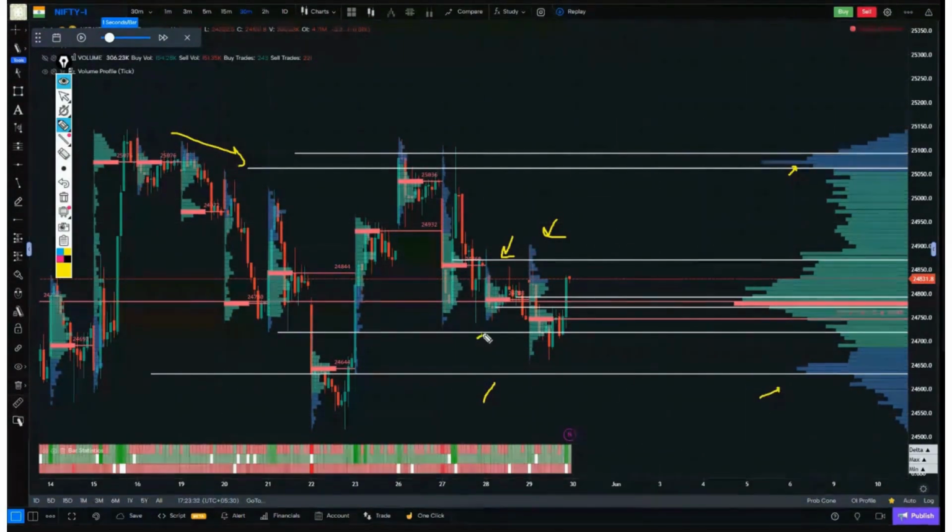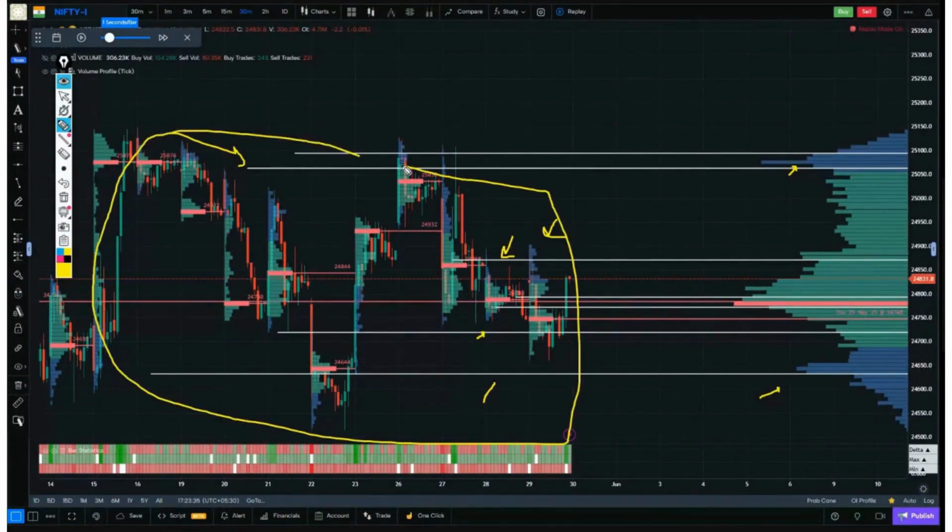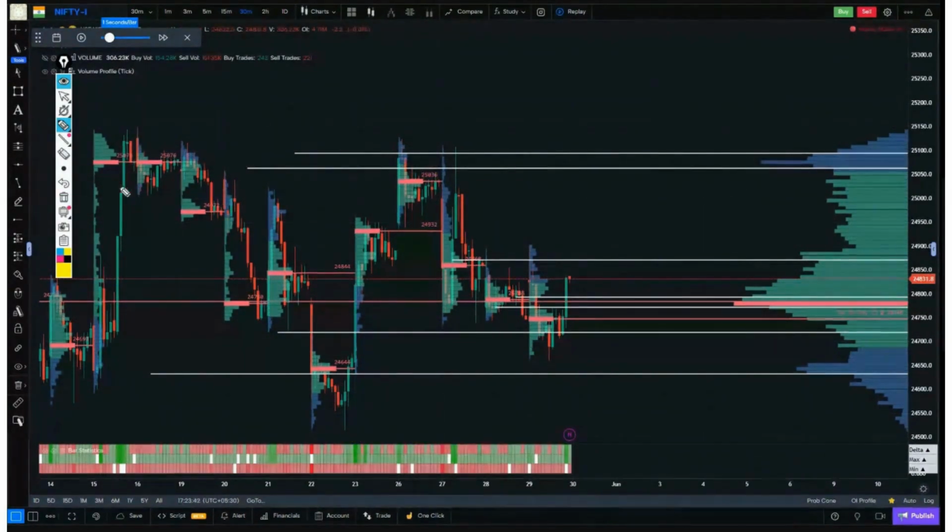So, we had marked the previous day's volume node and also the volume node of this entire consolidation here. If you look at just these, then this one zone, and this one, and yesterday's, that's it.